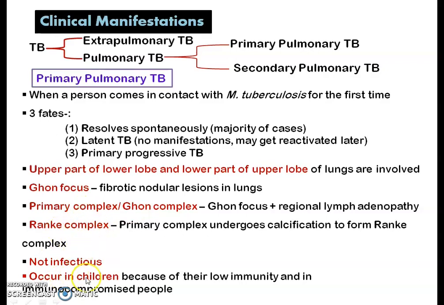Primary pulmonary TB is not infectious and will not spread from one person to another, and it occurs mostly in children because they have low immunity, and also in immunocompromised people.